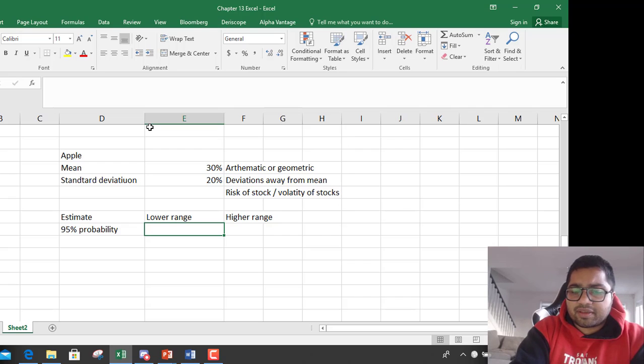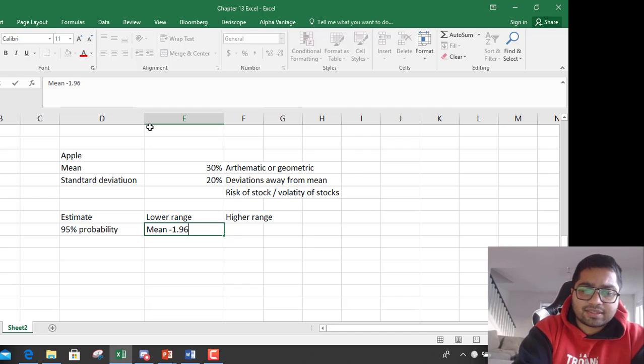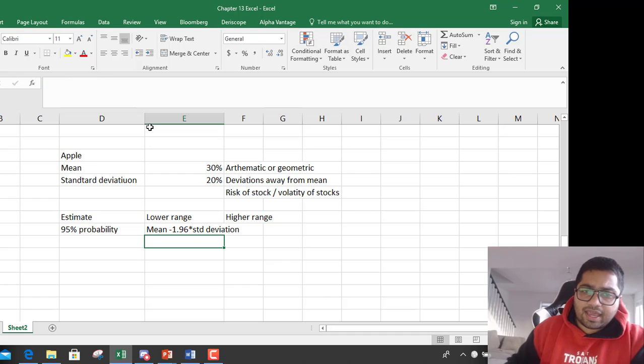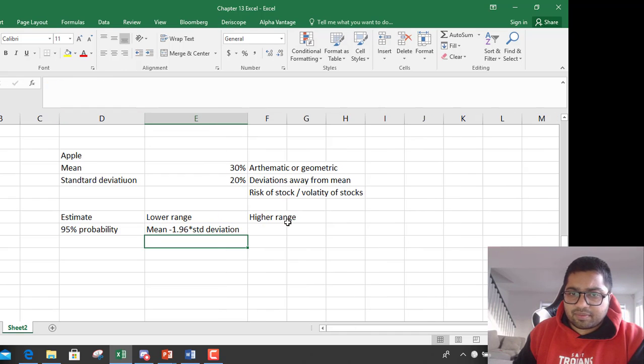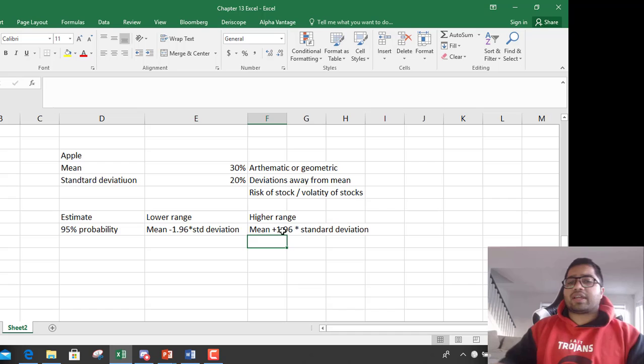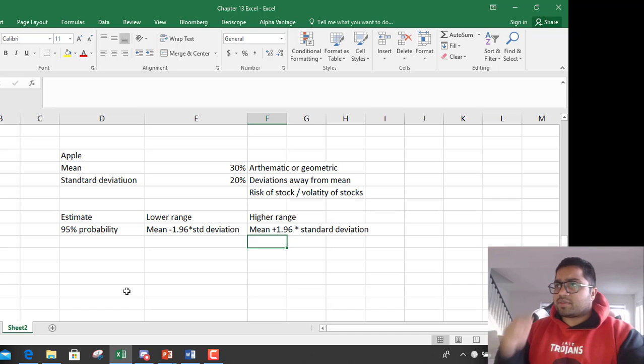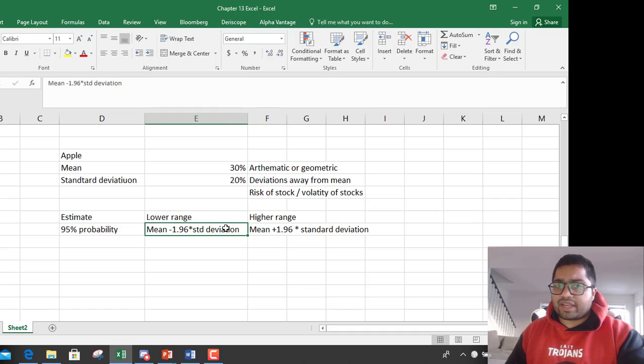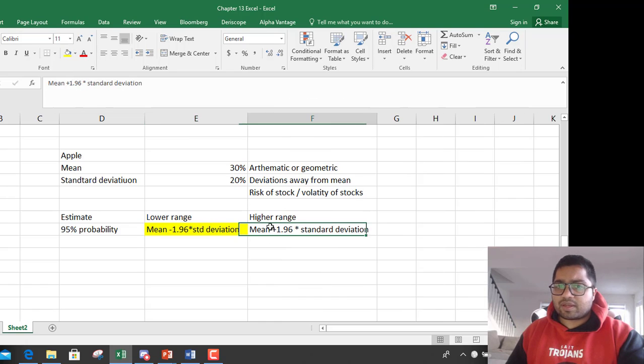The lower range will be given by mean minus 1.96 times standard deviation, and the higher range will be given by mean plus 1.96 times standard deviation.